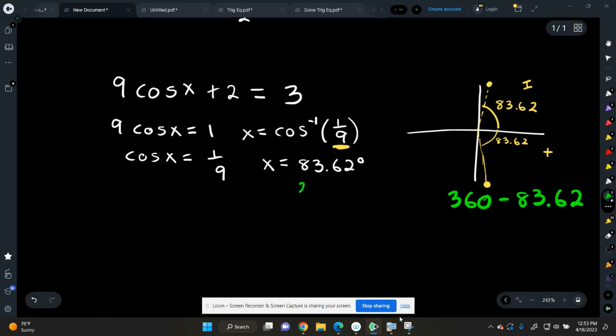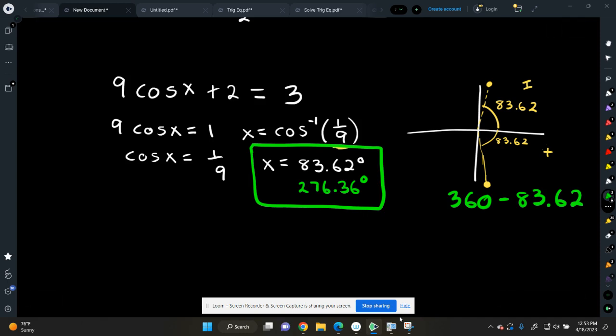So x also equals 276.38 degrees. So our calculator kind of got us started with the reference angle, but then I have to do the thinking for the rest of it. I have to know how to interpret my calculator results.